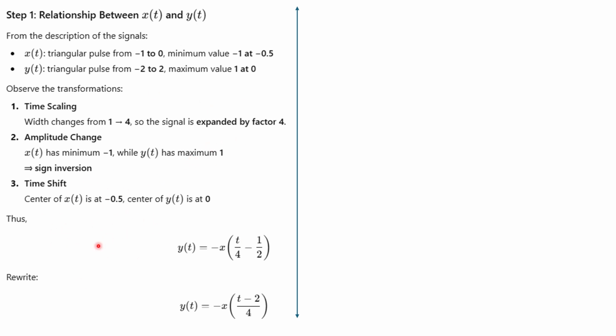First we shift in the time domain by 0.5 so that the center is at 0. Then we write y(t) as minus x(t/4), which scales the time axis, then shift by half so it comes to the origin, and the minus sign takes the mirror image. So this is the final y(t).